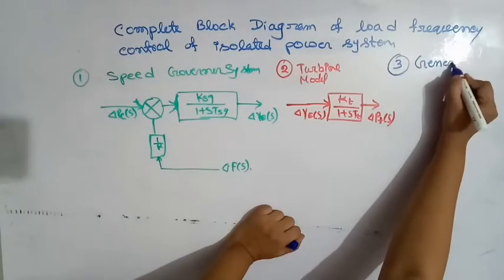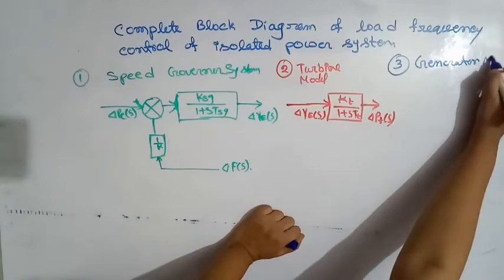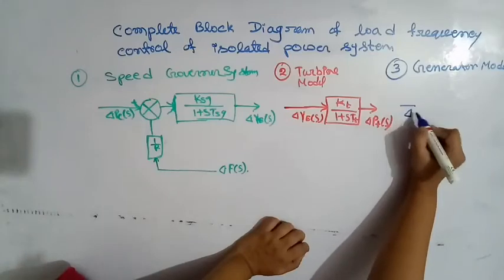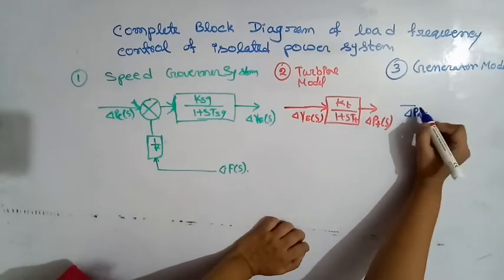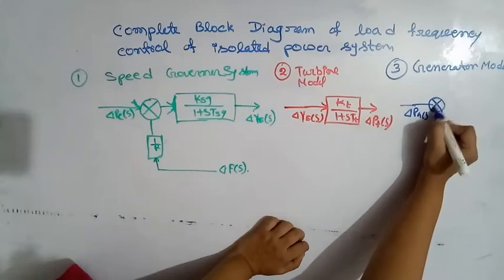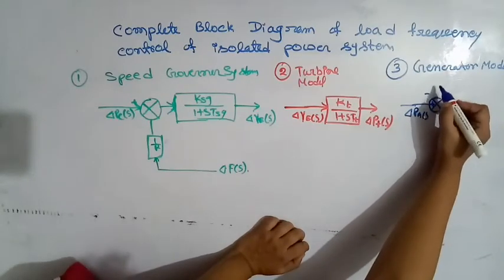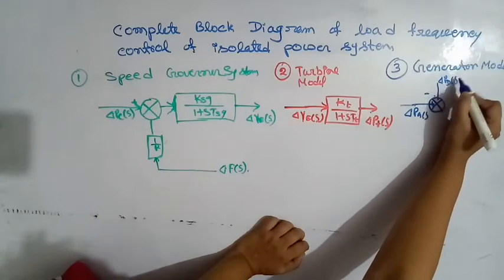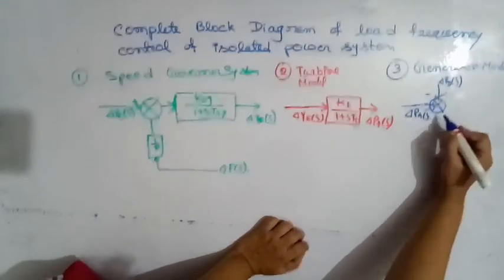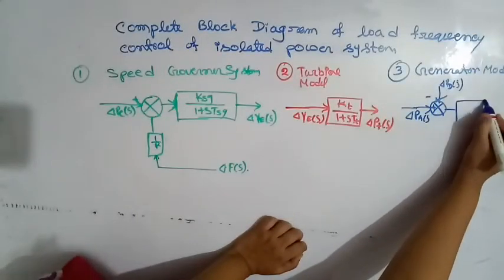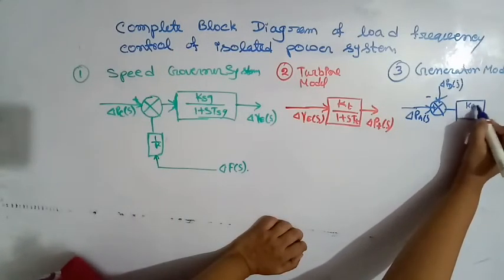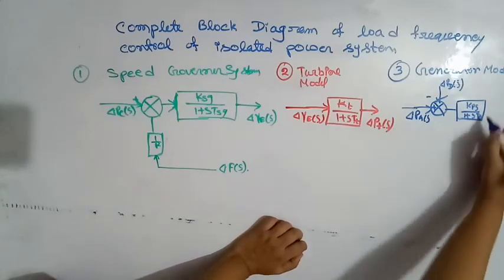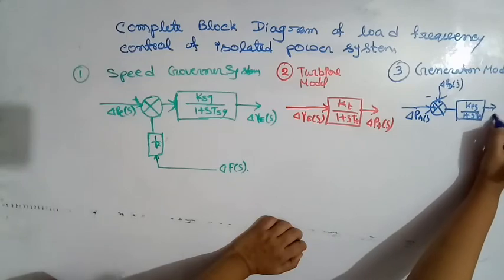Input is delta PGS, another input is delta PDS. Gain is KPS by 1 plus STPS, and output is delta F of S.